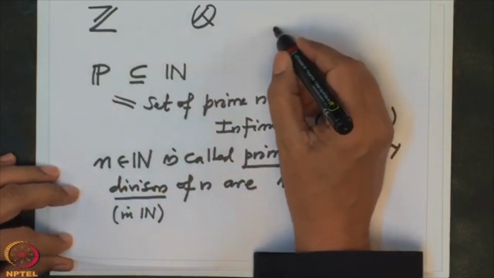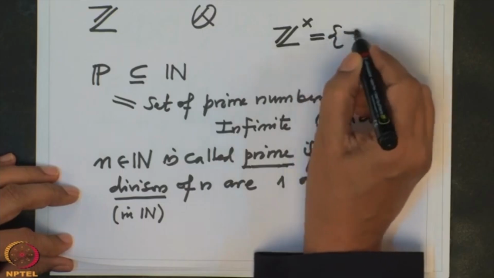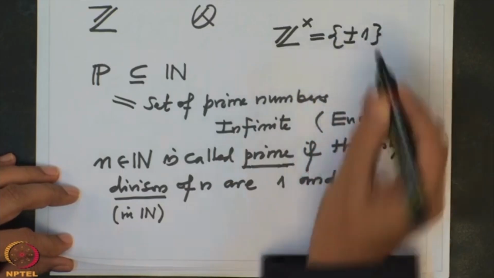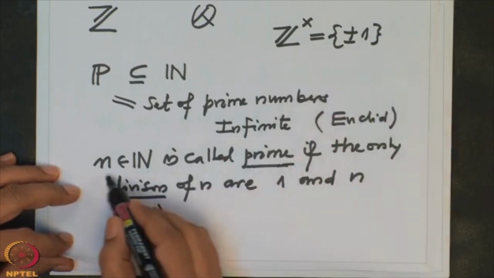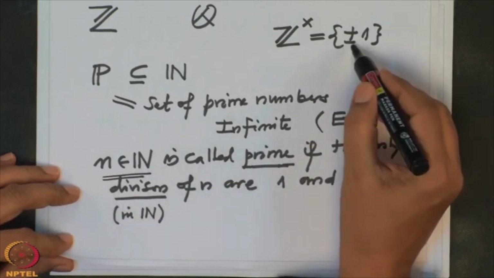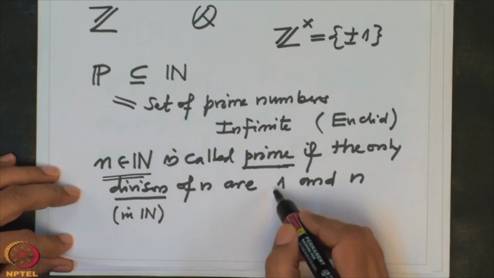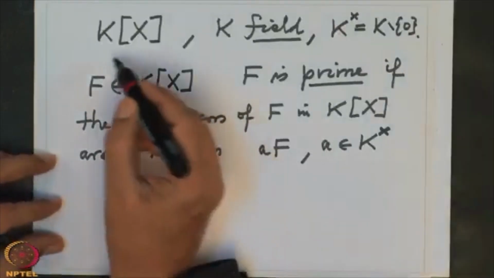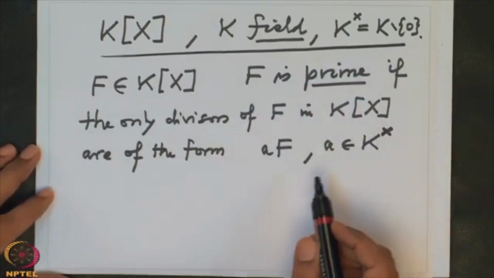What is Z cross? Z cross is plus minus 1. We made a shortcut by taking elements only in N, so minus 1 got cancelled. Minus 1 was rejected because of this assumption. So it is only 1 and n. More generally, in this case, these are exactly the prime elements.